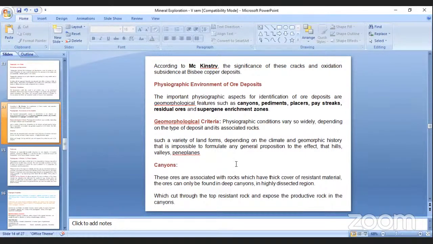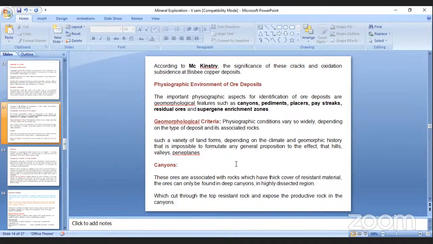These play a very important role when you come to geomorphological criteria. There is a variety of landforms, depending on the climate and the climatological geomorphic history, and it is impossible to formulate general propositions to that effect. The area may have hills, valleys, or peneplains.